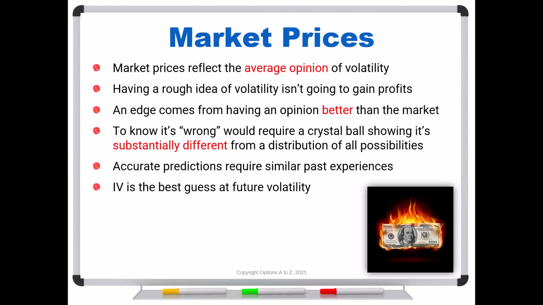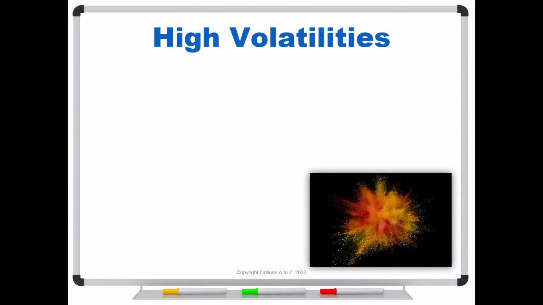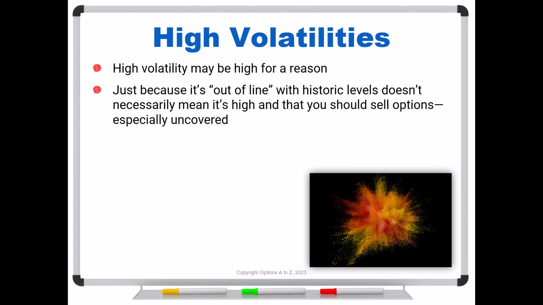Yes, there's going to be a lot of variation around it, but it's still your best guess. So whenever you see high volatilities, always remember that high volatility may be high for a reason. Just because it's out of line with historic levels doesn't necessarily mean it's high and that you should sell options, especially uncovered.